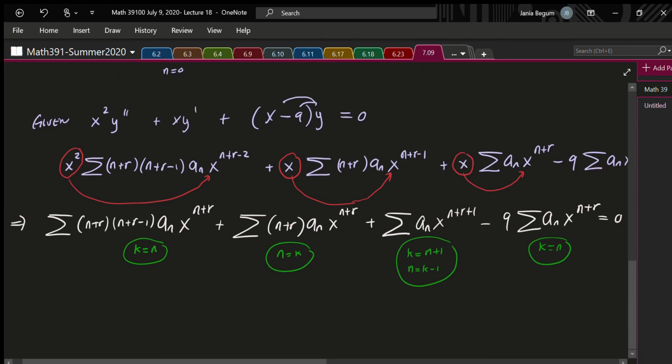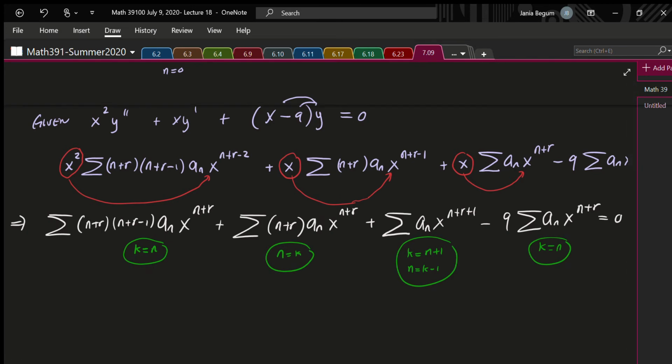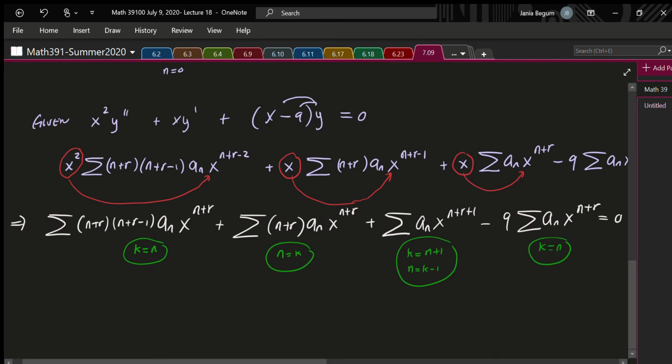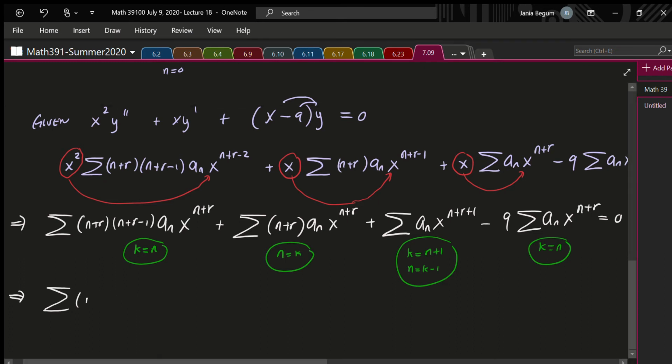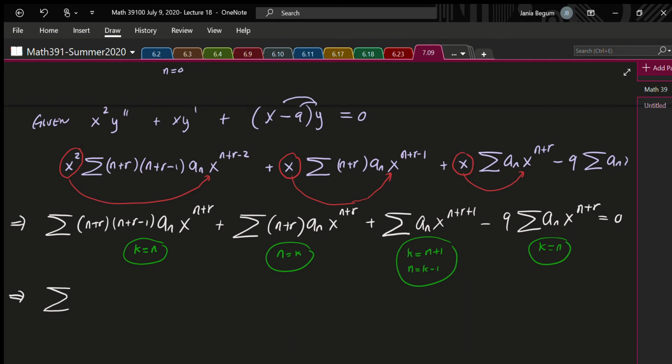Okay, so if I do these transformations, we have the sum of n plus r times n plus r minus 1. Oh, okay, so no one caught me, right? I'm supposed to put all of these in terms of k, not n.